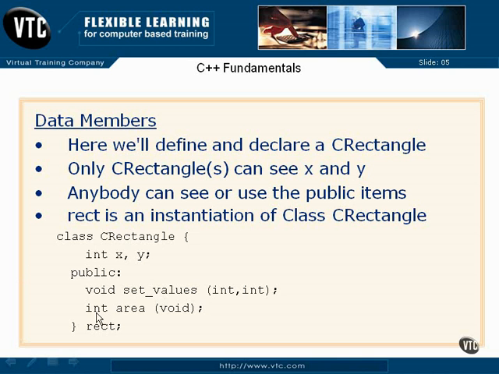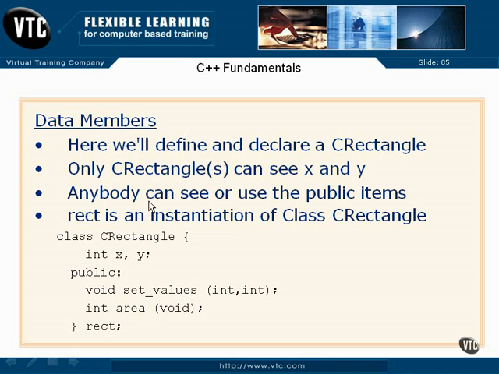And here we make an integer called area. Area will return an integer, if I can read my own code, and it takes nothing in, so there's void parameters to area. Area is another method which can be used to return information about a rectangle. And as you can probably read ahead, we will teach area how to calculate the area that this rectangle covers.